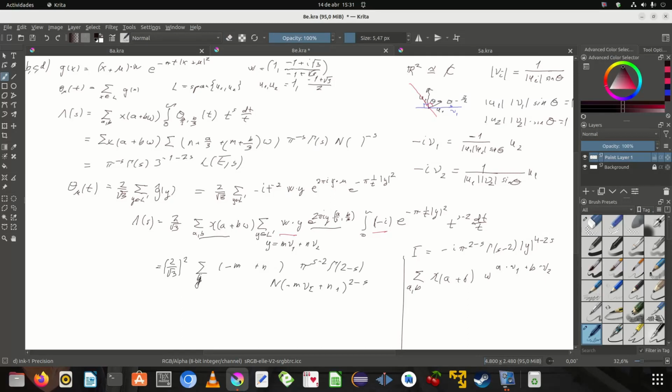So this is u1, no, minus m u2, n u1. So we are back in the original lattice like we are here. And where were u2 here?